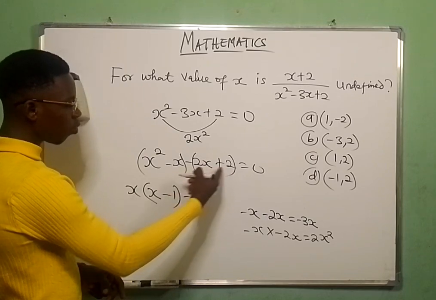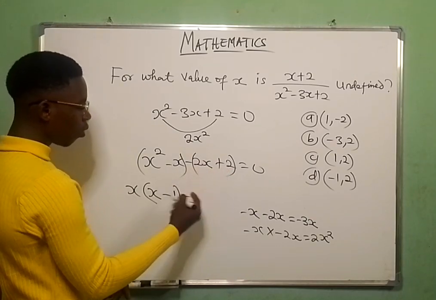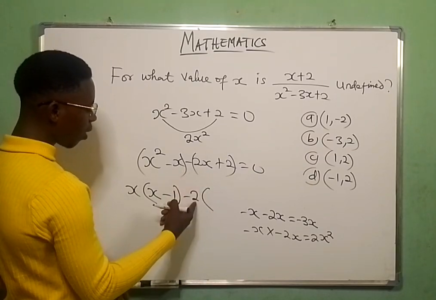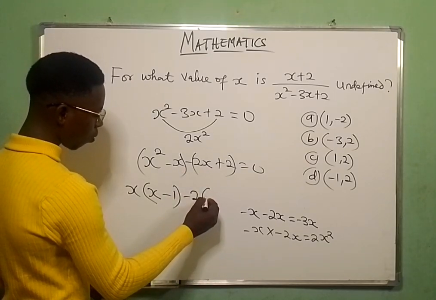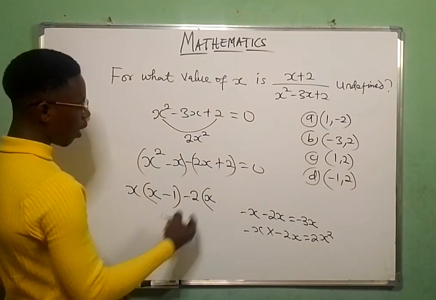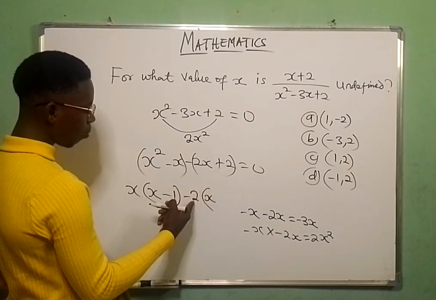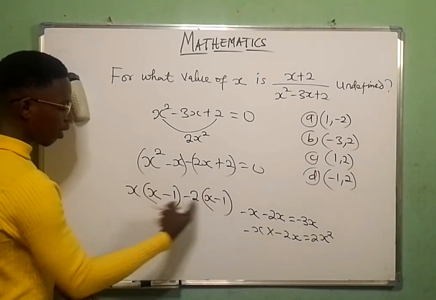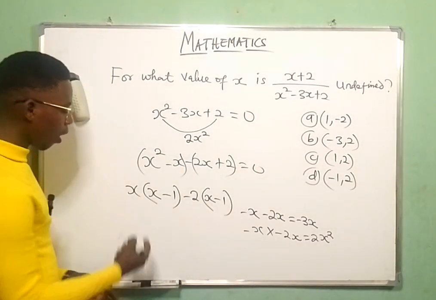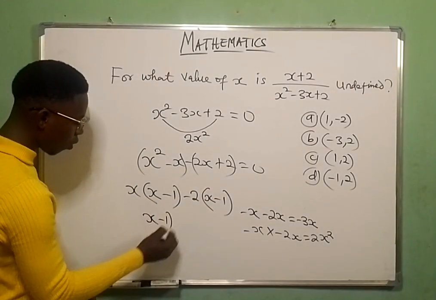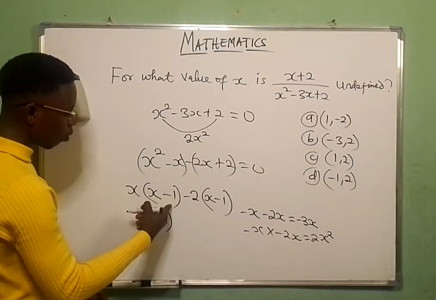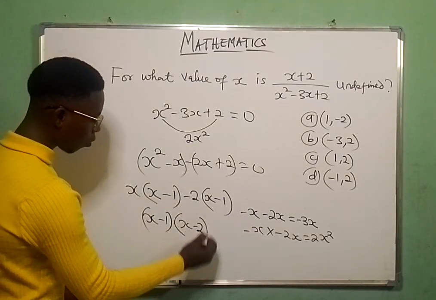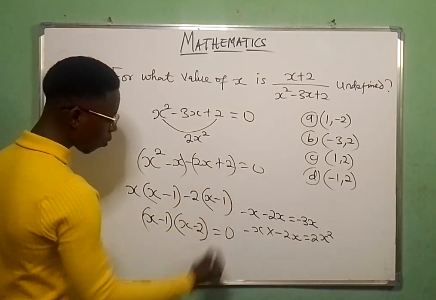The common term here is 2, which means that we'll be having minus 2, open bracket, 2x divided by 2 will give me x. And then 2 divided by minus 2 gives me minus 1. Look inside the bracket, they are the same. Now you have x minus 1. You take one of them and take the one that is outside, which is x minus 2. Don't forget, it is still equal to 0.